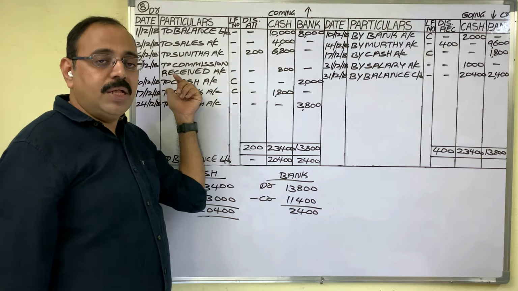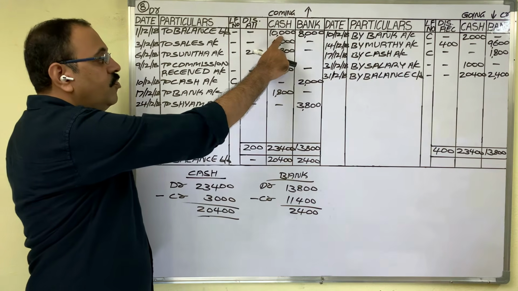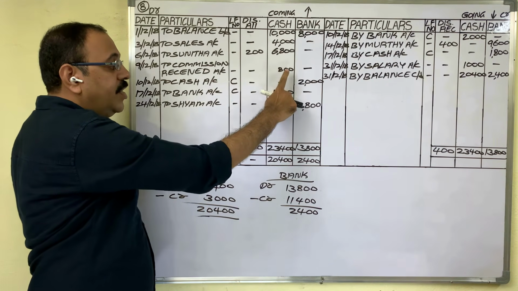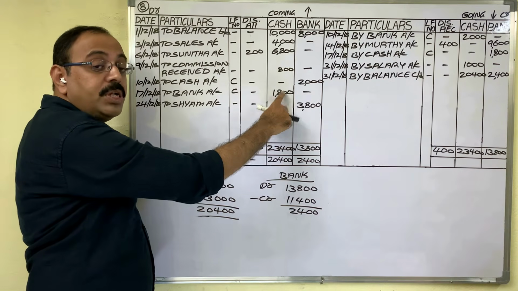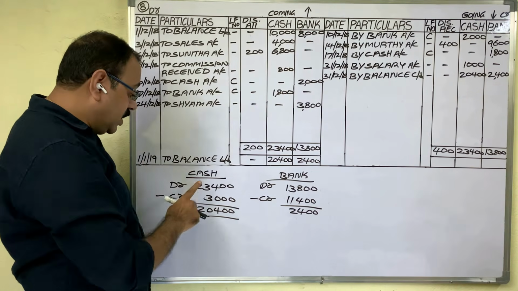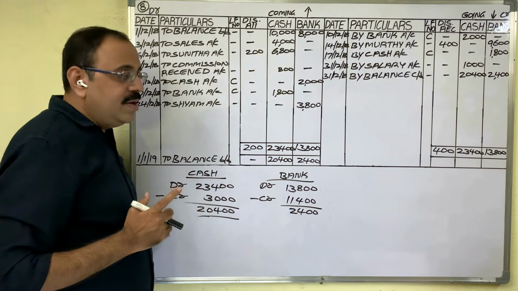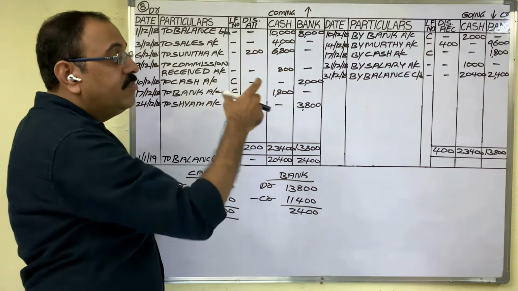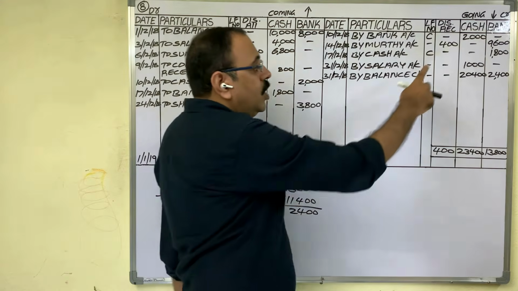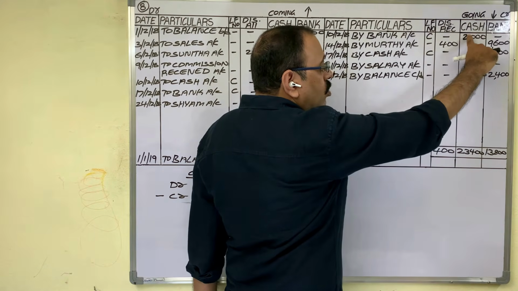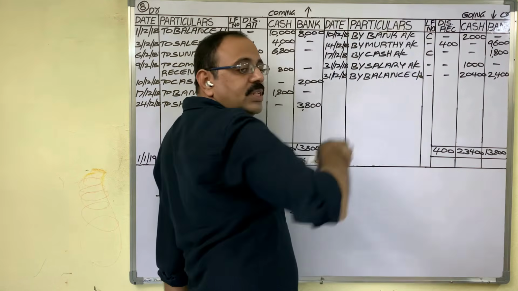In December month, we received 4,000 rupees, 6,800, 800, and 1800 rupees into our firm. So we received 23,400 rupees. And in December month, from our firm, 2000 rupees, 1000 rupees, total 3000 rupees cash outflow is there.